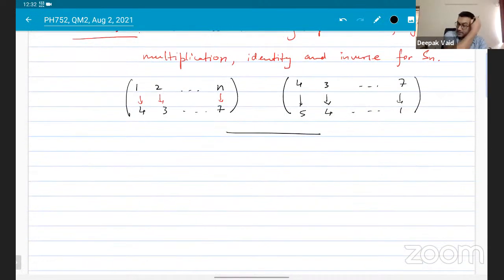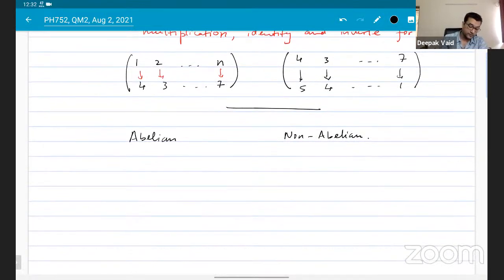There are many other interesting groups, and there are some other aspects of groups, very important aspects which I haven't mentioned. So let me mention those two. Groups can be divided into two broad categories. One category is called an abelian group, the other is called a non-abelian group.